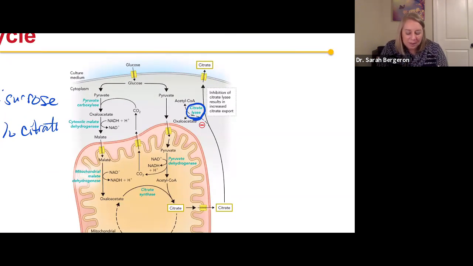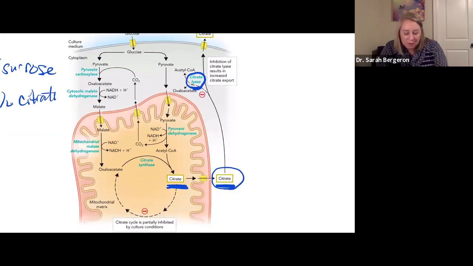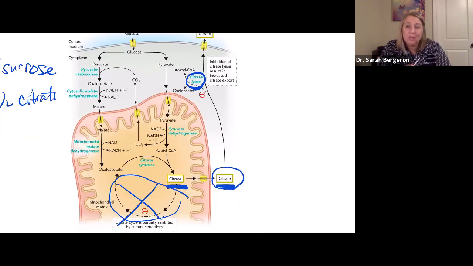So what happens is that these mold cultures are grown in a medium that inhibits part of the citrate cycle. Because it inhibits part of the citrate cycle, you have a buildup of citrate. So you build up this citrate and you inhibit the rest of this cycle. So the second half of the citrate cycle doesn't work. You undergo citrate synthase, and then that's kind of it.